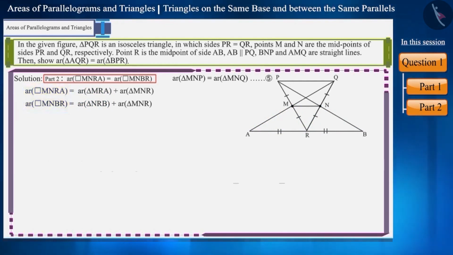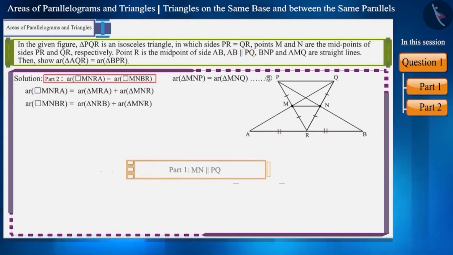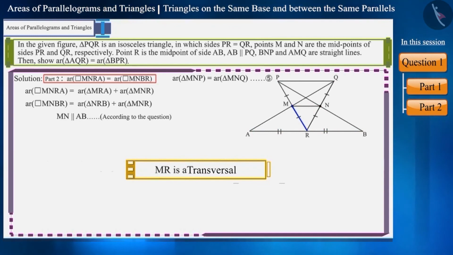Friends, it's given that AB is parallel to PQ. And we know that MN is also parallel to PQ. Therefore, MN and AB will also be parallel to each other. If we consider MR as a transversal, then angle MRA and angle NMR will be alternate interior angles.